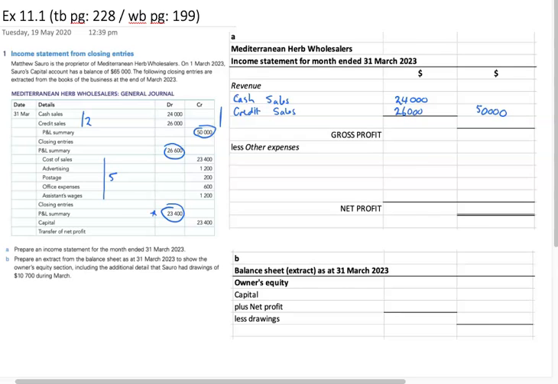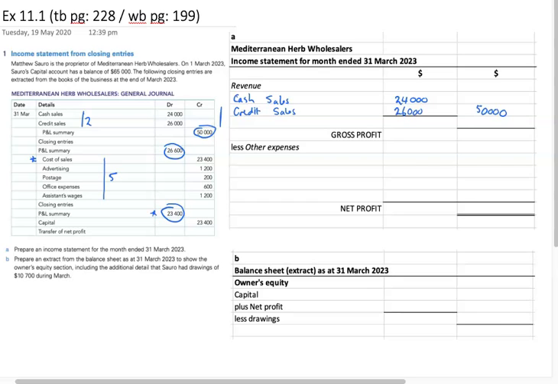What do we then have to do? We then have to deduct cost of goods sold, which is an expense. We're now up to the expense part. Cost of goods sold is going to be cost of sales plus any other expenses that would get the inventory into the condition and location ready for sale: custom duties, buying expenses, or anything like that.